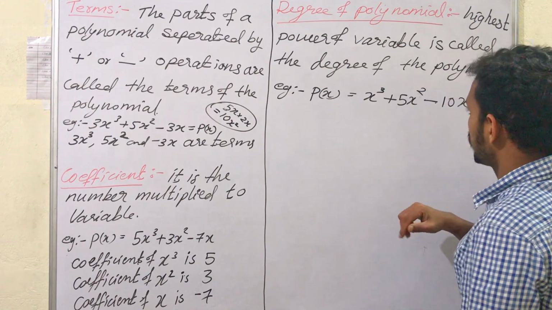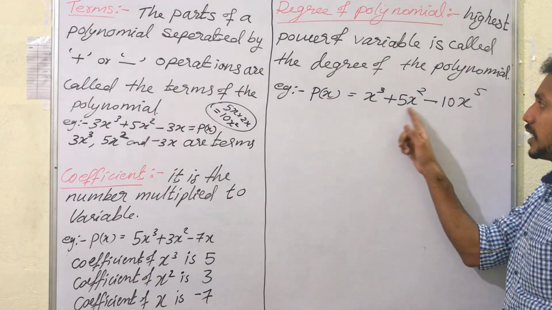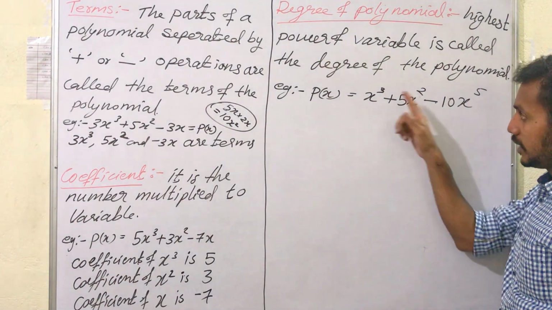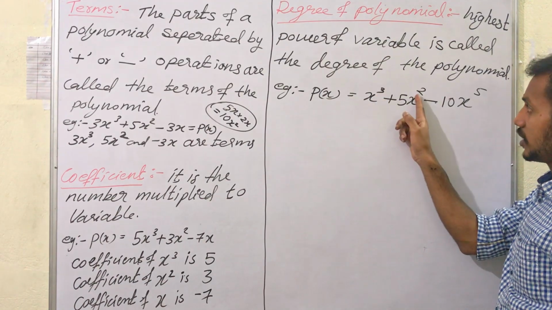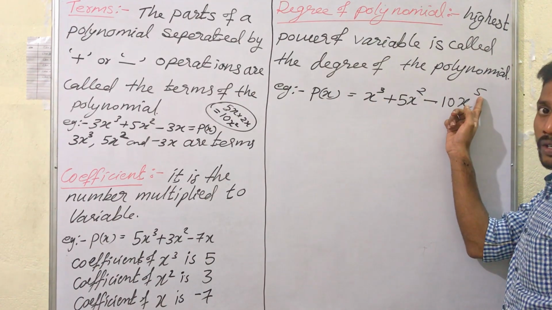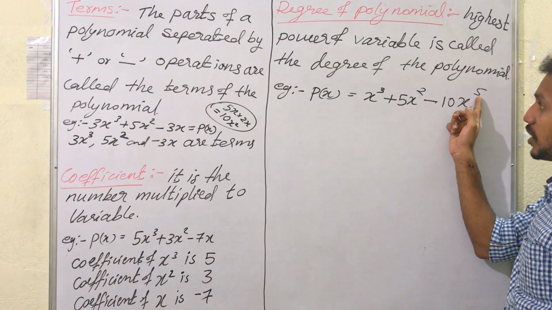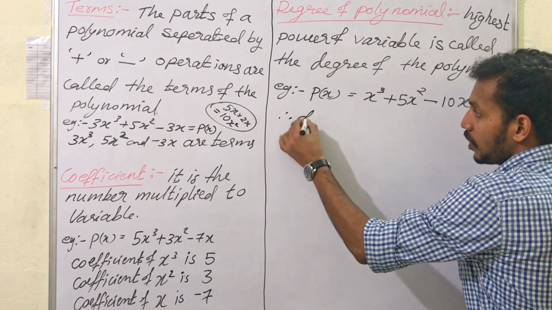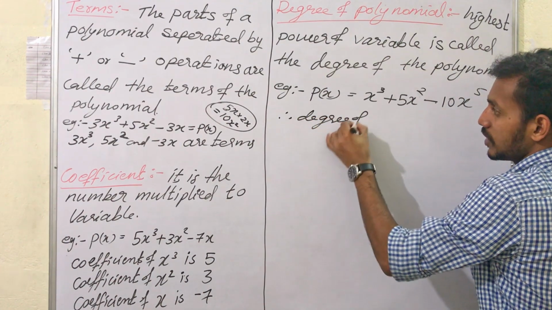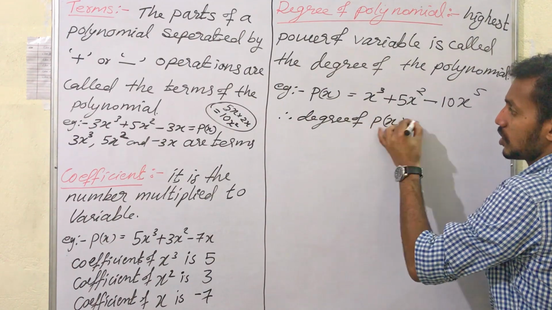So here this polynomial consists of 3 terms, and here the power of x is 3, here it is 2, and here it is 5. So the highest power of x is 5, so therefore the degree of p of x is equal to 5.